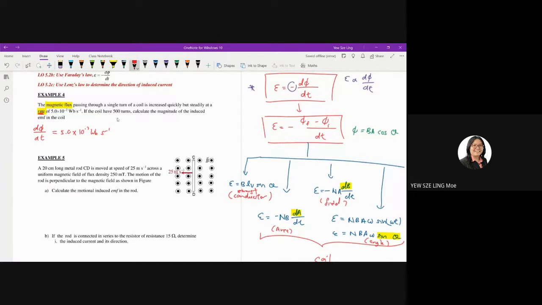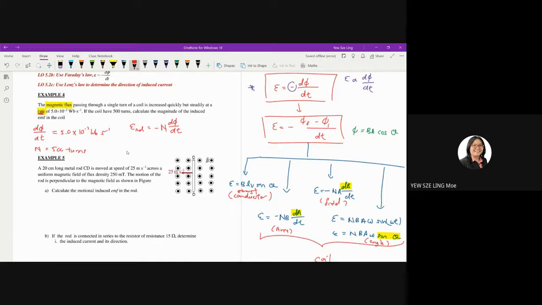If the coil itself has 500 turns, calculate the magnitude of the induced EMF of the coil. So induced EMF equals negative N dΦ over dt, because now you have more than one turn.